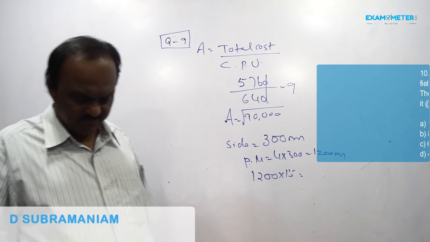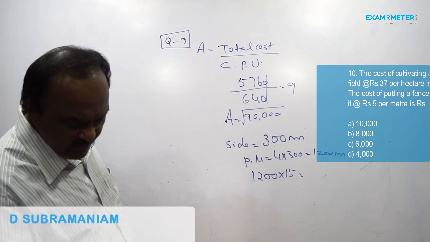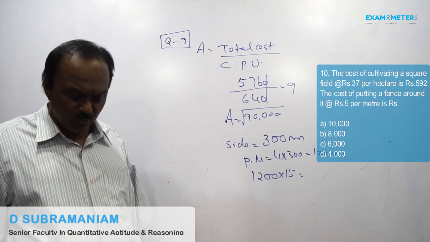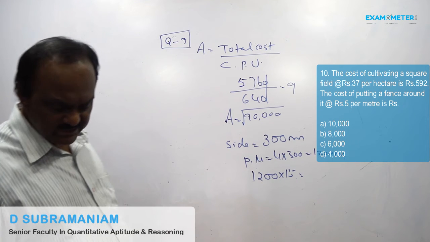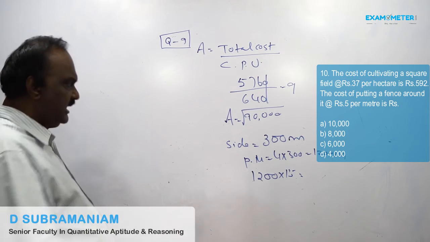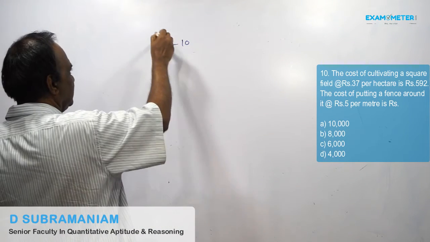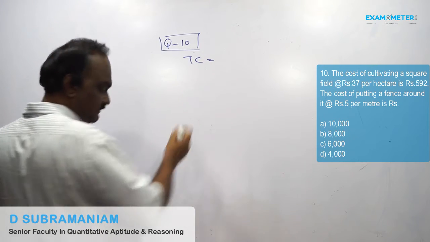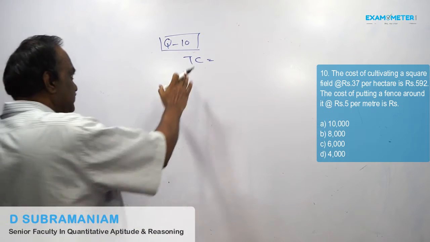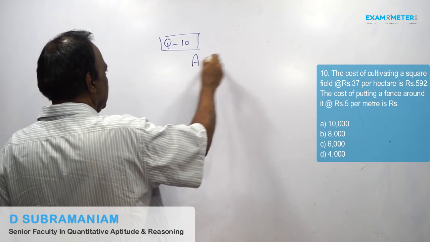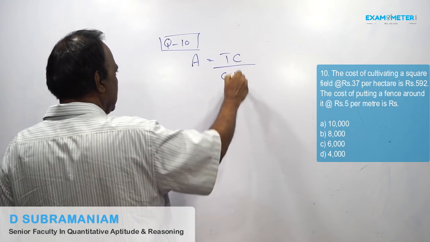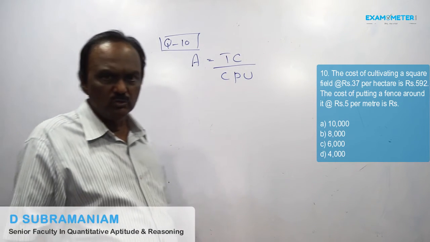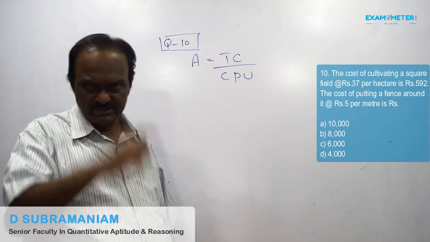Question number 10. If the cost of cultivating a square field at the rate of rupees 37 per hectare is rupees 592, the cost of fencing around it at the rate of rupees 5 per meter is rupees. Area is equal to total cost by cost per unit.